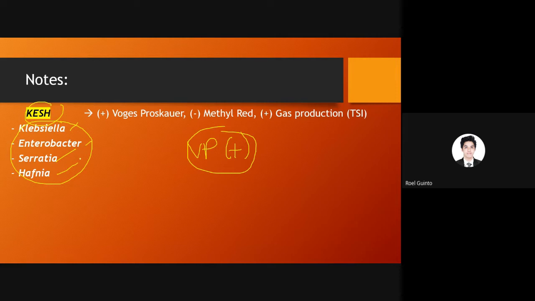Kasi sila lang yung microorganism na positive sa ating Voges-Proskauer. And guys, tip ko lang, if the microorganism is positive in Voges-Proskauer, the result for methyl red dapat negative. Kung ang methyl red is positive, dapat ang Voges-Proskauer is negative. Hindi sila pwede na parehas. So, sila ay opposite. Tatandaan natin.